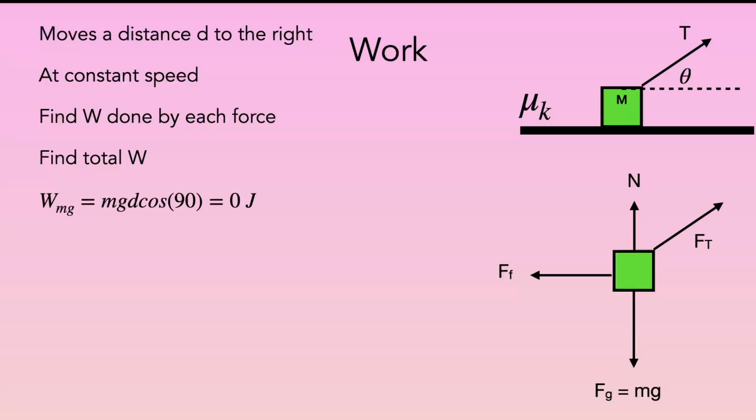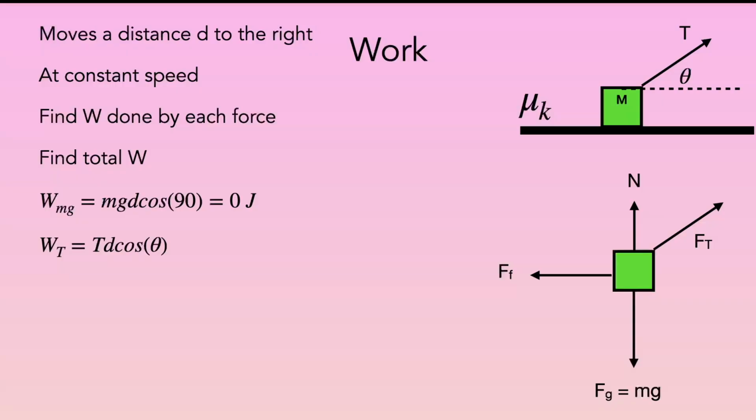So mg times d, force times the distance, times the cosine of the angle between. Notice it's not that theta that's shown in the diagram. It's the angle between those vectors, which is 90 degrees. So the work done by mg is 0 joules.